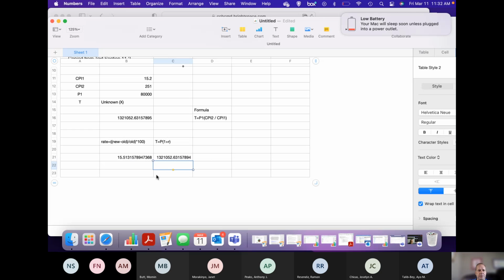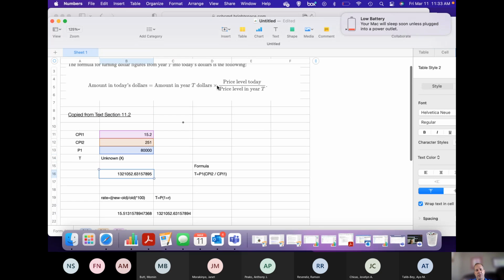And look at that. Compare that number to that number right there. Is that cool or what? So this number right here, we calculated by using the textbook formula for finding the present value of something given two CPI data points, which I think is really useless because you'll never find CPI data points unless you go to get them.